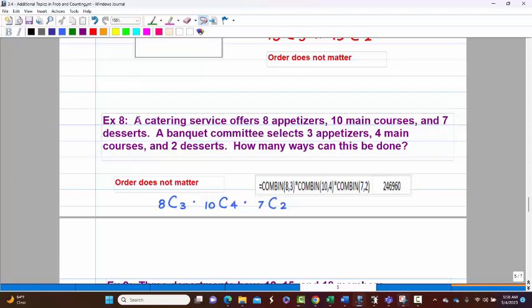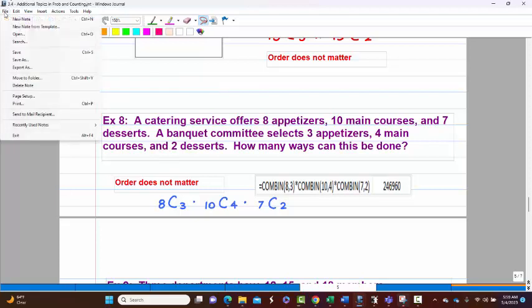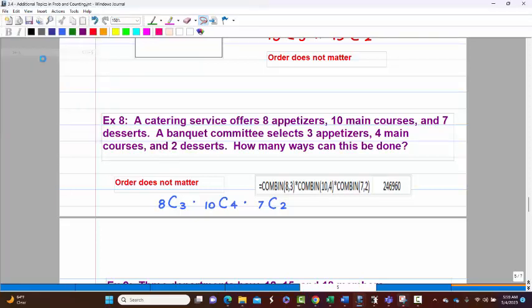But anyway, all right, fixed it. A dessert versus a desert. So they're combinations all multiplied together. 8 choose 3. 10 choose 4. 7 choose 2.